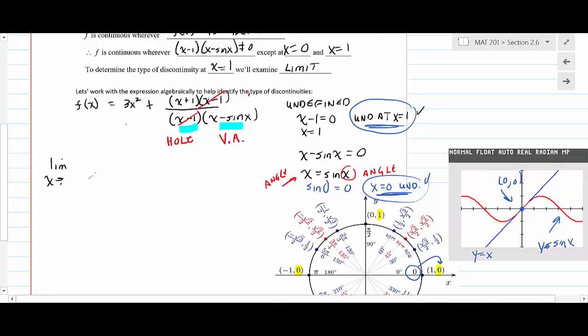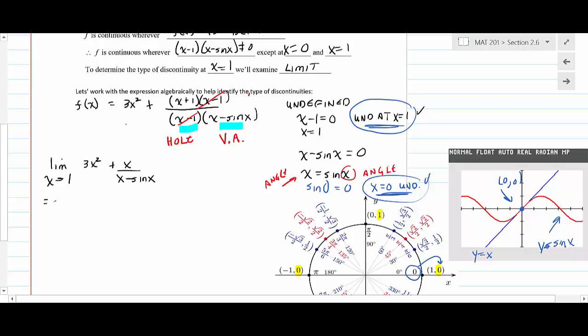We should be able to just use our calculator to help us a little bit with this too. So we're just going to do the limit of 3x squared plus x over x minus sine x. Okay, so let's just plug in the value of 1 and see what we get.